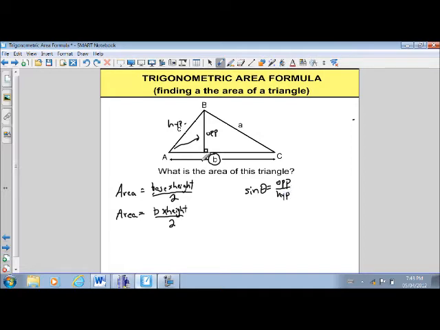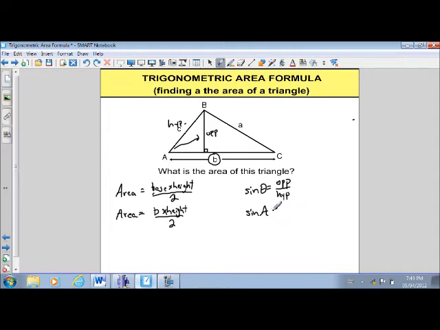And then, wait a minute, before we had 50 degrees, now all I have is A. So I'm just going to write in the sine of A. I get that it's kind of hard to imagine what that is, but all that meant is that if this angle had been 40 degrees, we would have put in sine of 40. If it was 70, we would have put in sine 70, 53, sine 53, and so on. Since it's A, we're just going to put in the sine of A, whatever that angle is.